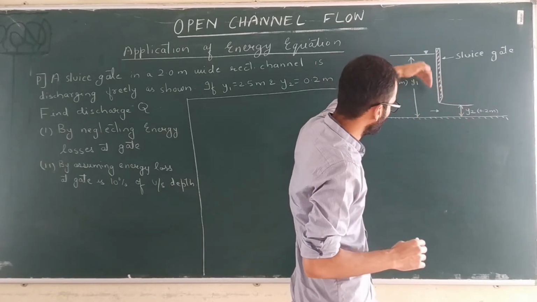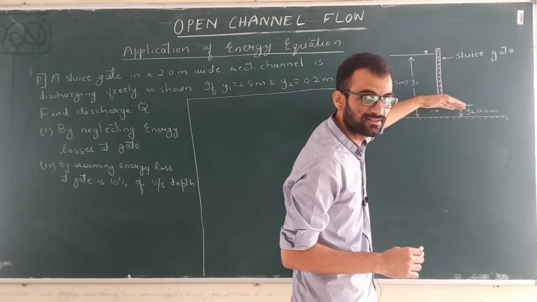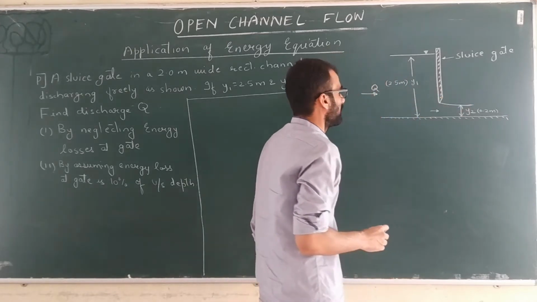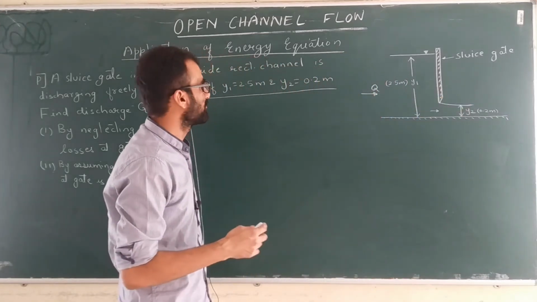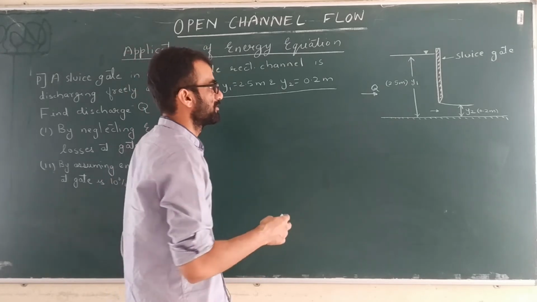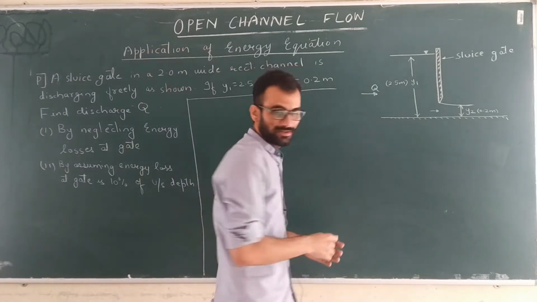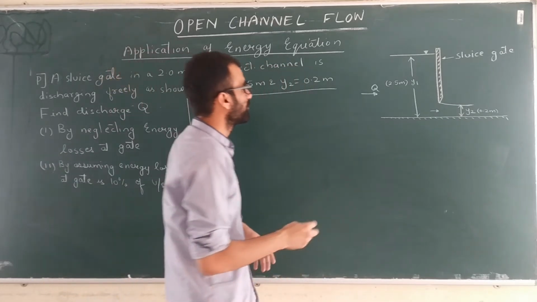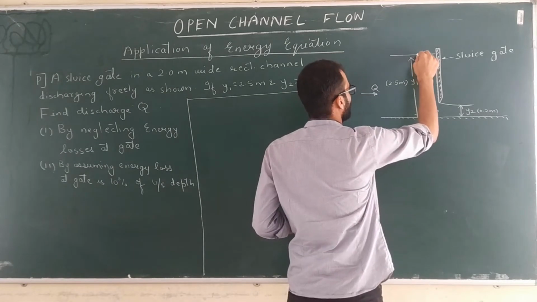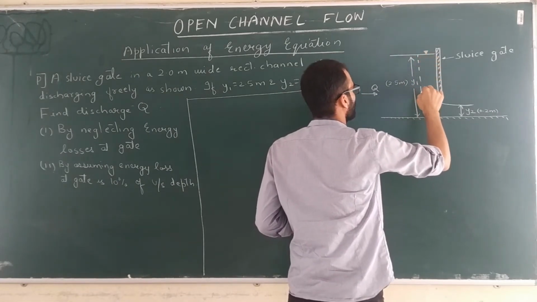The water is flowing below this sluice gate. Whenever we want to solve open channel flow problems, we should apply the control volume approach, because it is mostly suitable for solving the problem. So let's plot a correct control volume here. I will mark the control volume first.